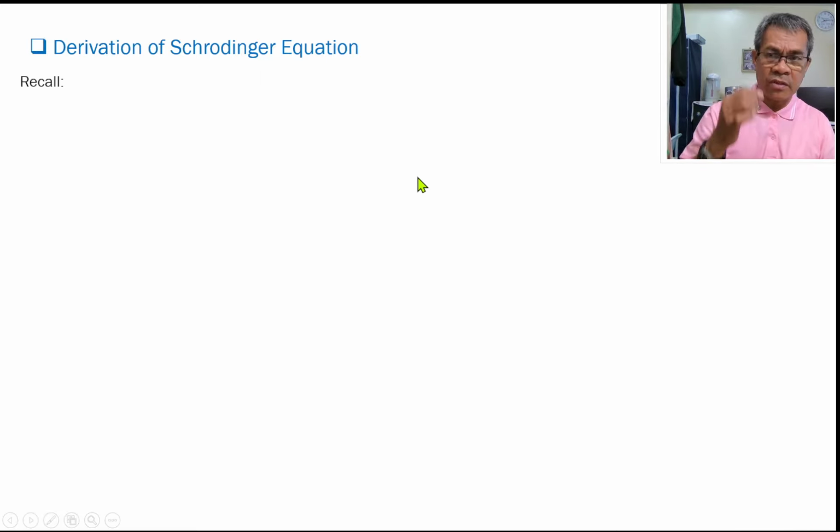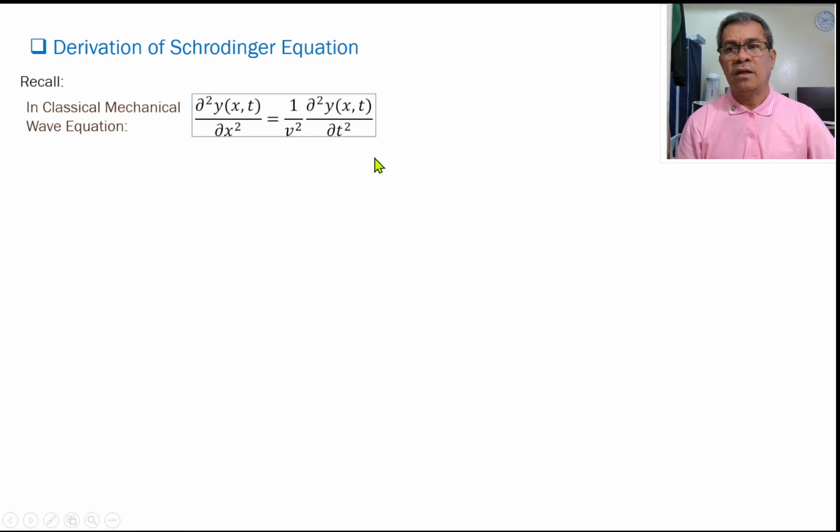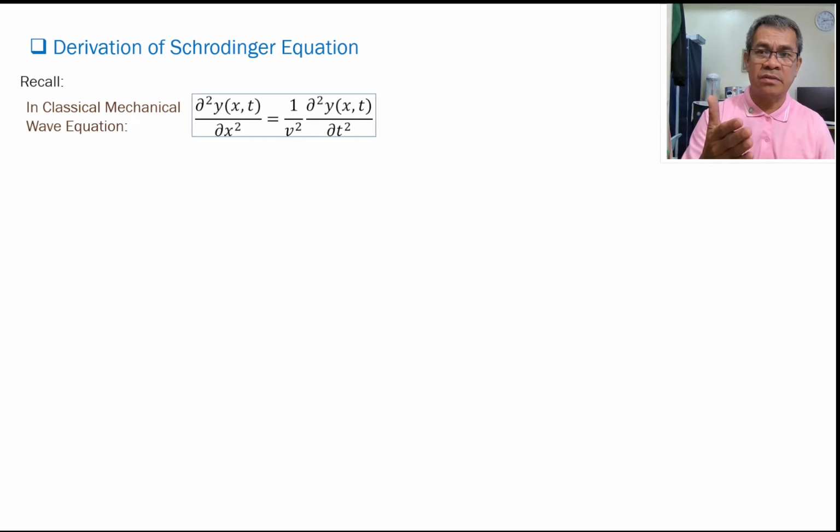To derive it, we have to recall the classical mechanical wave equation, because the Schrodinger equation is patterned after the mechanical wave equation. Take note that the Schrodinger equation is the quantum mechanical analogy of the mechanical wave equation.